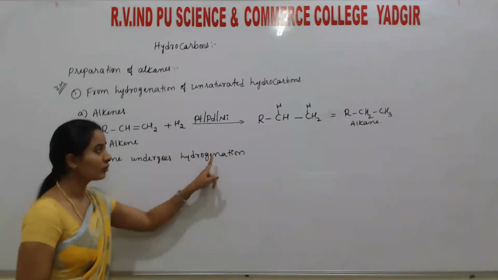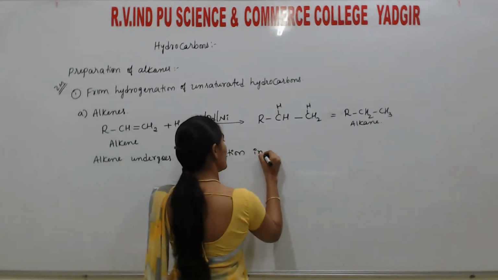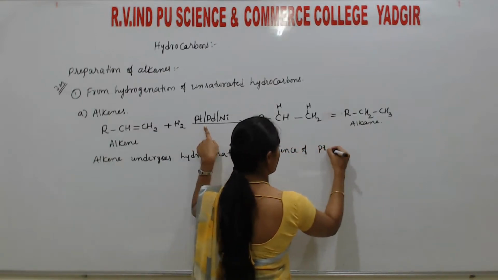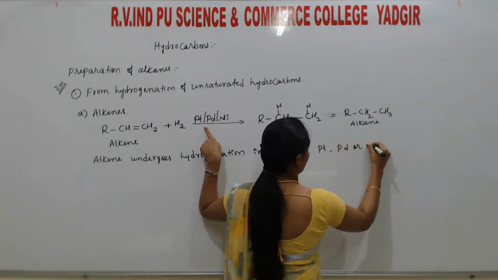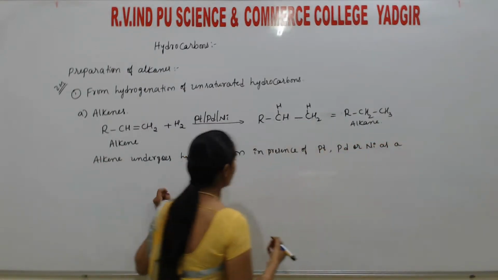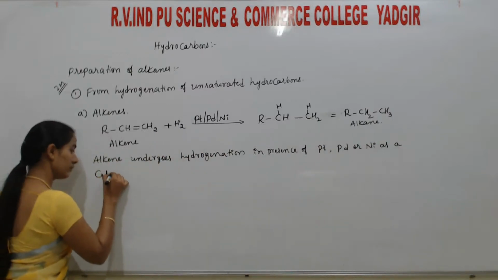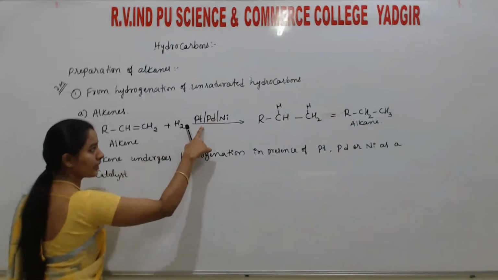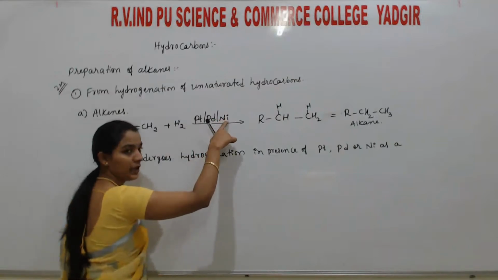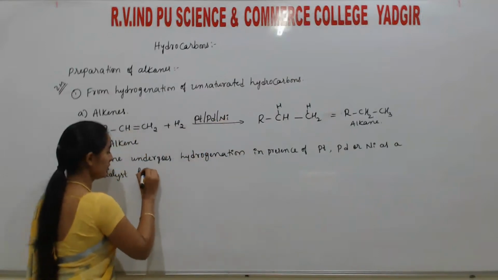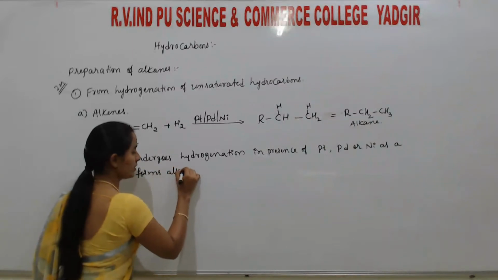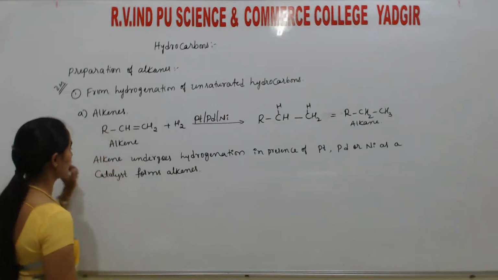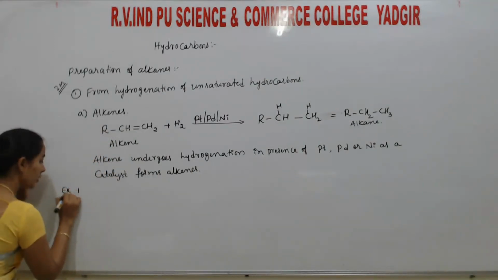Alkenes undergo hydrogenation in presence of platinum, palladium or nickel as a catalyst and form alkanes. Understood? Next listen. Example 1.